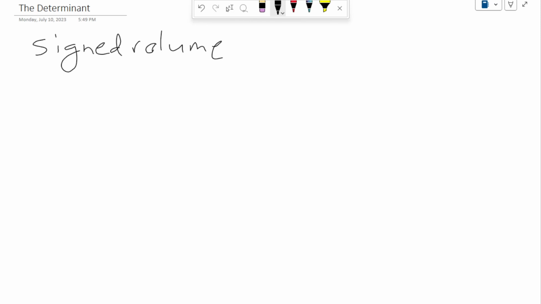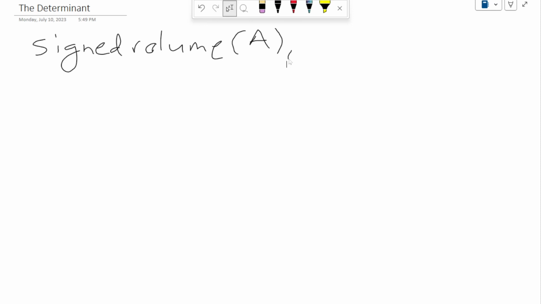And so signed volume is basically this function that we run on a matrix. So it takes in a matrix A and it computes the volume of the shape made by its columns, plus or minus, so times a sign.